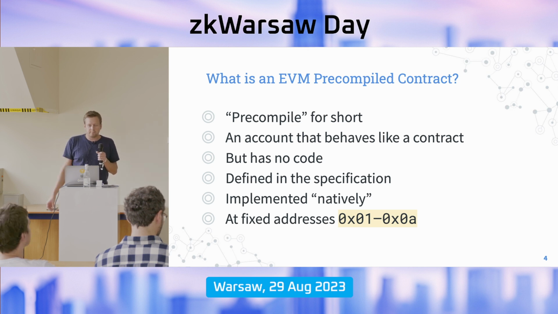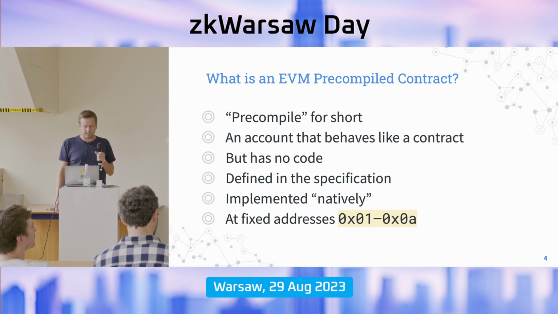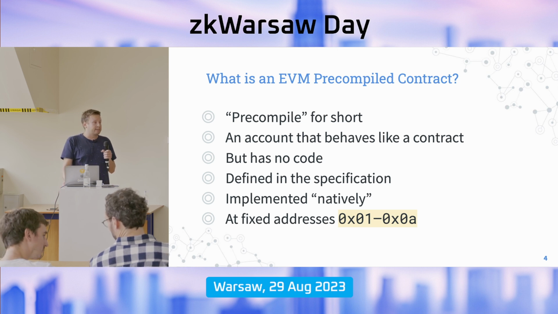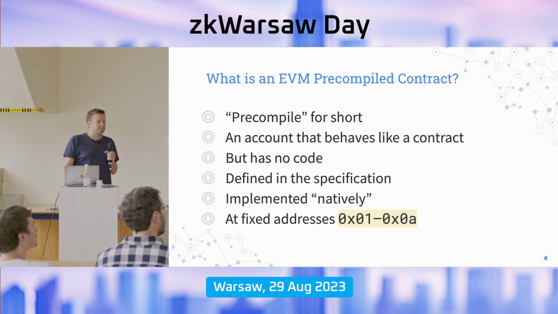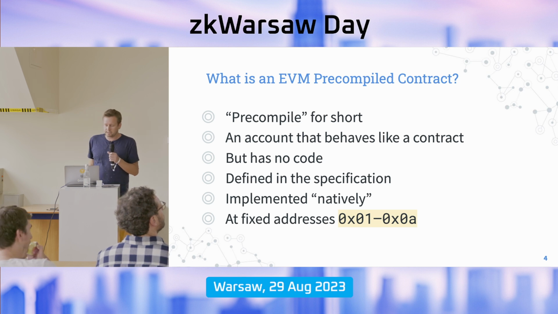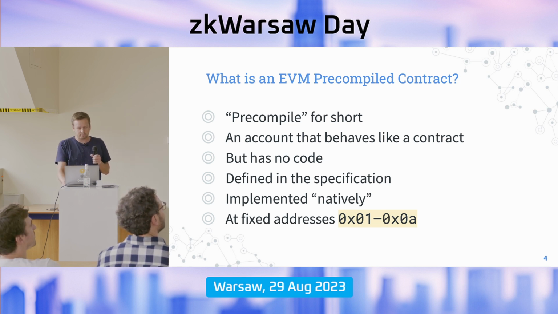As I said, a precompile is an account, so it needs an address, and there is a special address pool reserved only for precompiles. For now, we have 10 different precompiles which are currently used, and the addresses start from 1 and go to the number of currently used precompiles. But you can see later that the number and the list of precompiles changes in time.